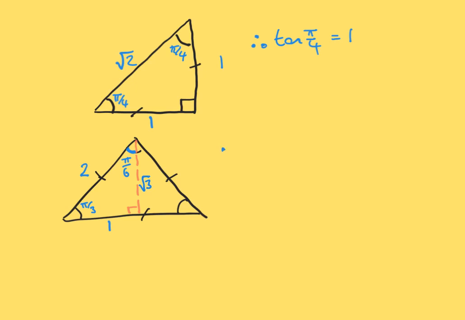So therefore, for example, the tangent of pi over 3 is root 3, because it is the opposite over the adjacent. And all the trig functions of pi over 3 and pi over 6 can be read off from considering this triangle.